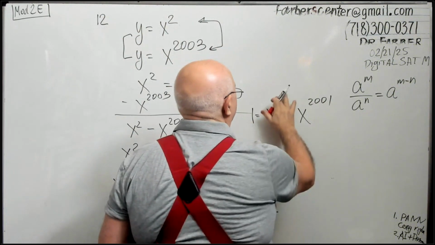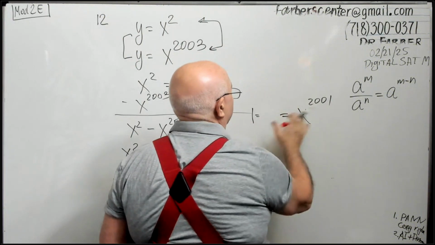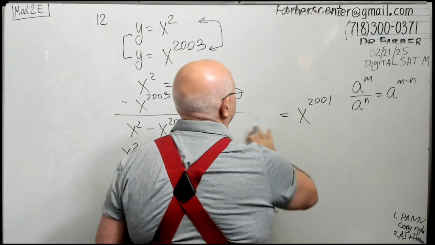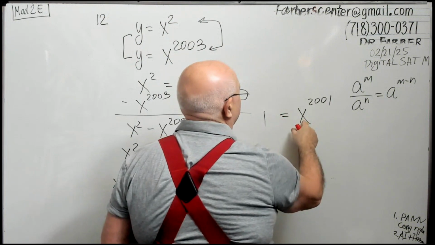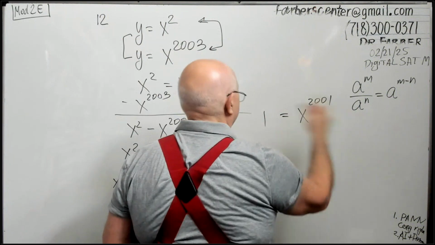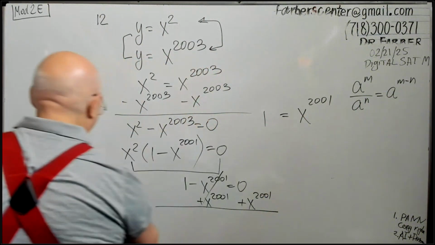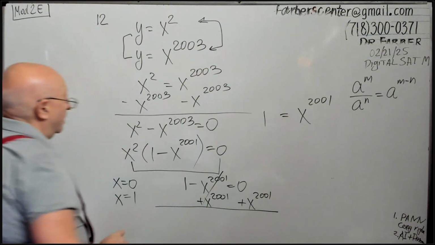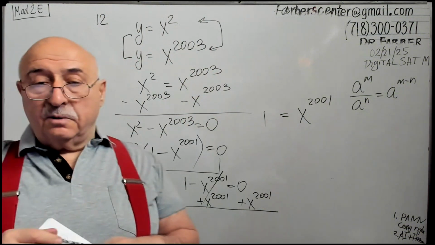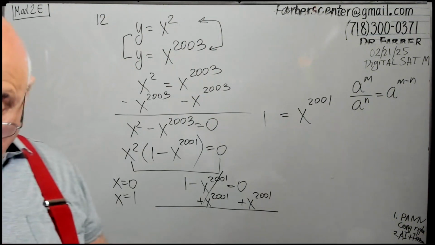Or from here you can see, even without this, it's faster: when x is 1, because 1 to any power is 1. So 2 points. Do you understand this 100%? Good, good, good.